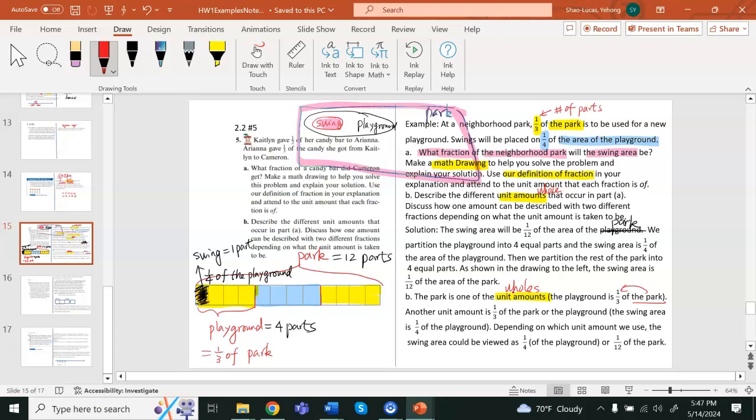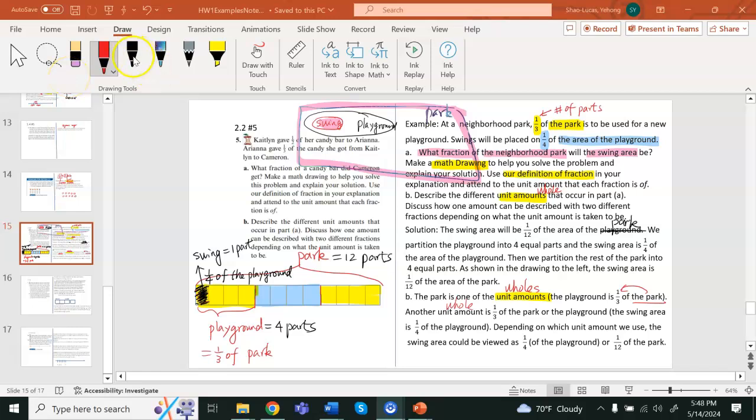Now another whole, again, the textbook calls it unit amount, but you can think of it as the whole. So the other whole is the playground, because when we say 1/3 of the park, which is also the playground, the yellow section here, or the blue section.